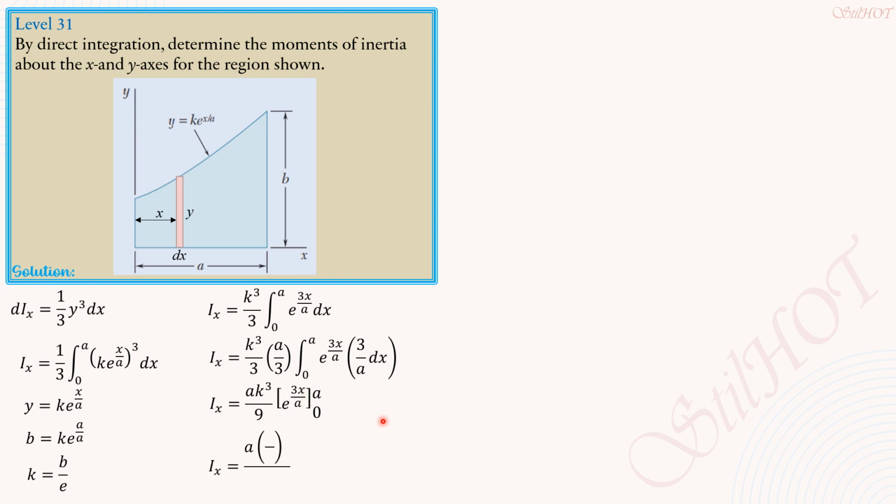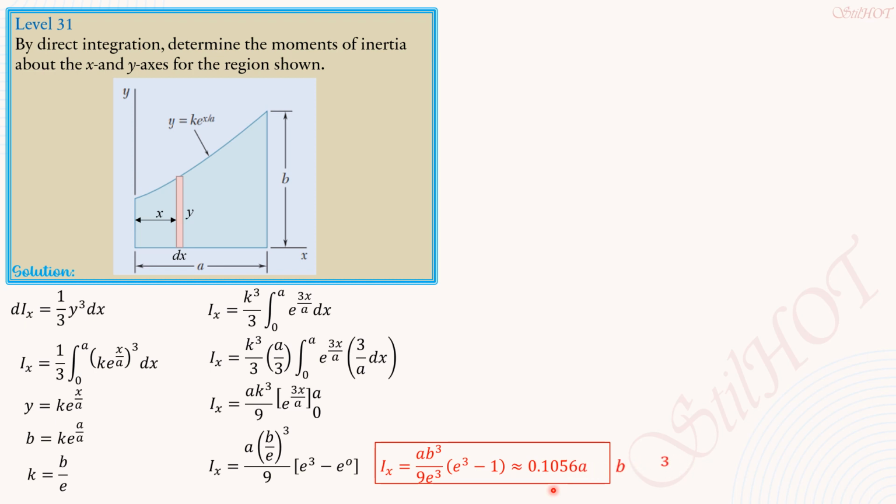So Ix is a k cubed, and k is b over e, quantity cubed, over 9, times (e cubed minus 1). From here, we have Ix is a b cubed over 9 e cubed times (e cubed minus 1), and that is approximately equal to 0.1056 a b cubed.